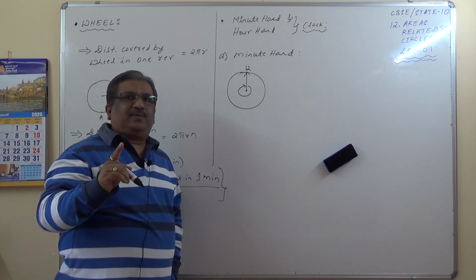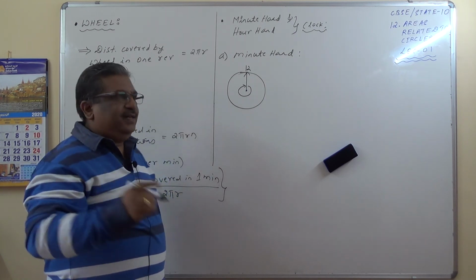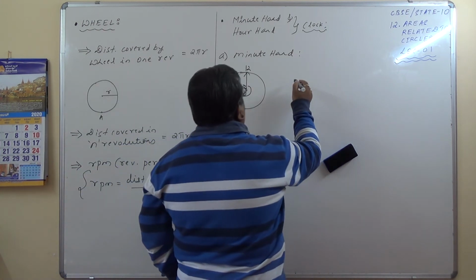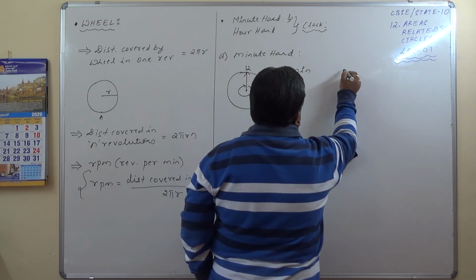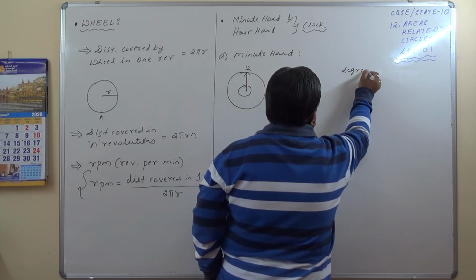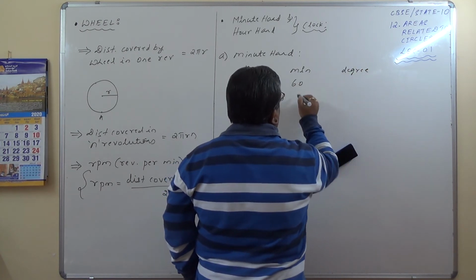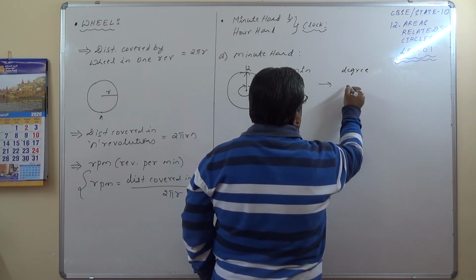So 1 minute corresponds to how many degrees is the question. So 60 minutes, if I write here minutes and degree, 60 minutes correspond to 360 degrees.